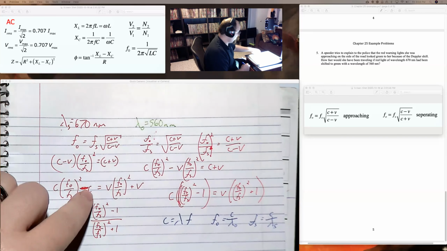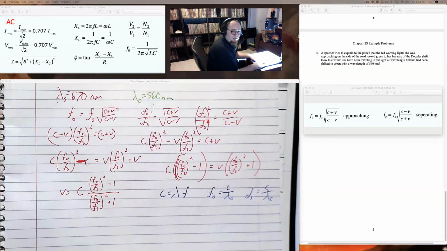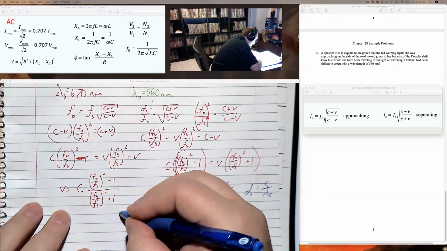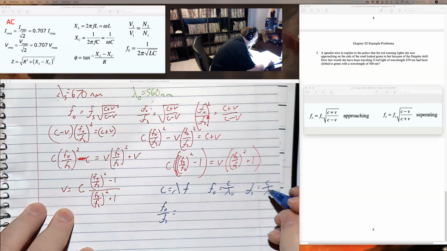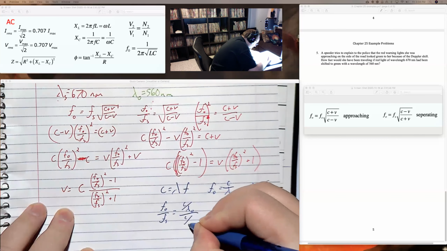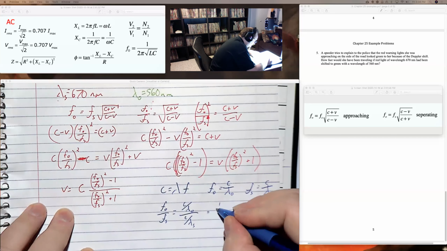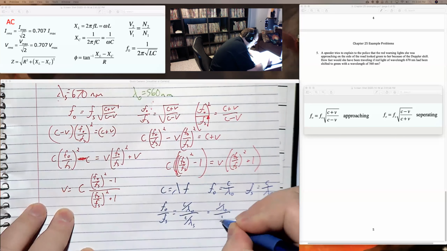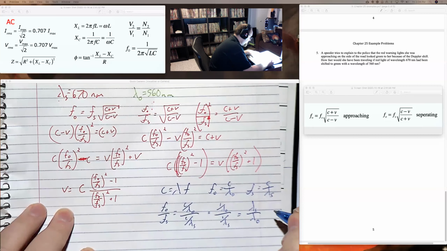Now, both of these have an f naught over f s. So if I just say, let me just go up a little bit, f naught over f s, which I know will be squared, will be C over lambda naught over C over lambda s. My C's cancel. It gives me 1 over lambda naught over 1 over lambda s, which is the same as lambda s over lambda naught.